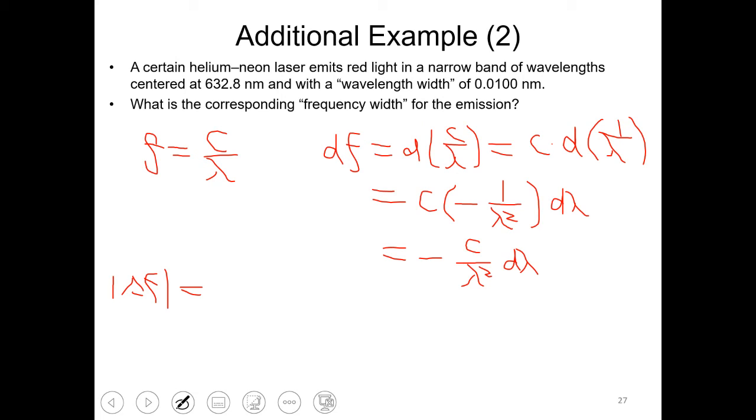We only care about the width of that beam. So c over lambda squared d lambda.